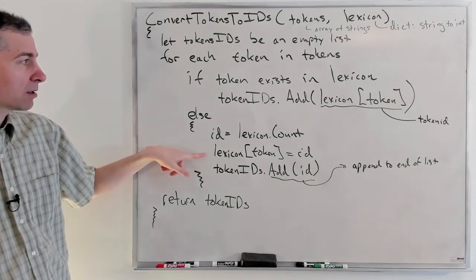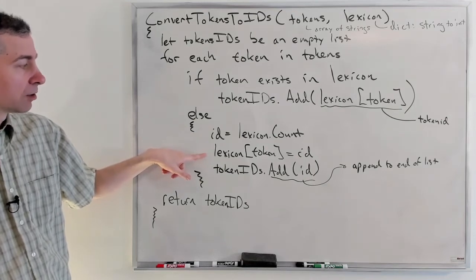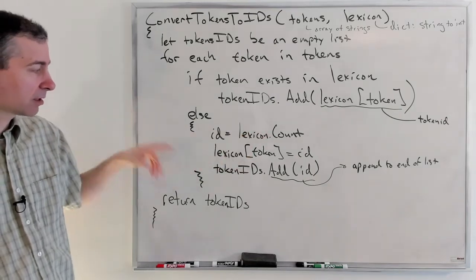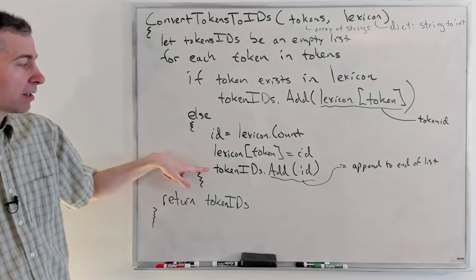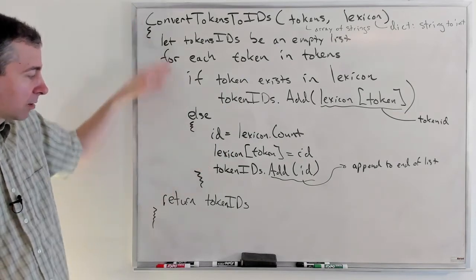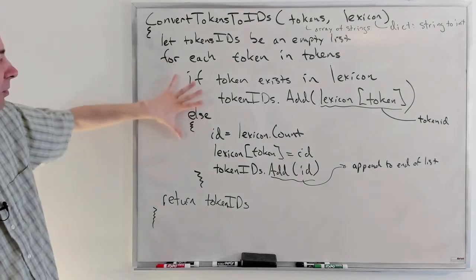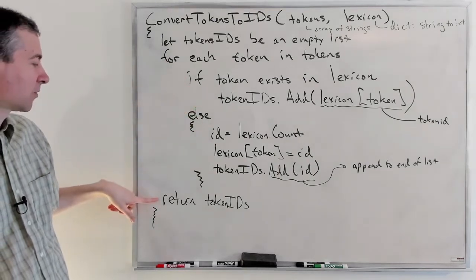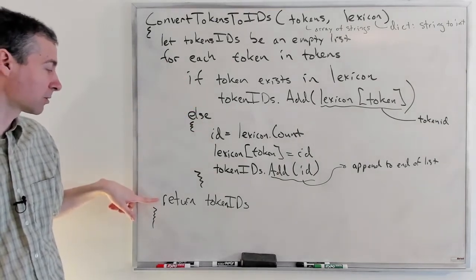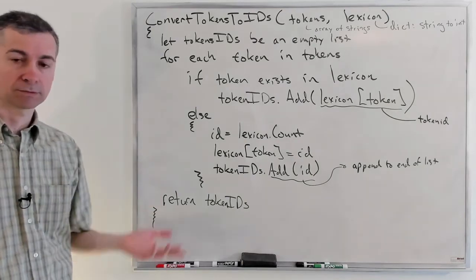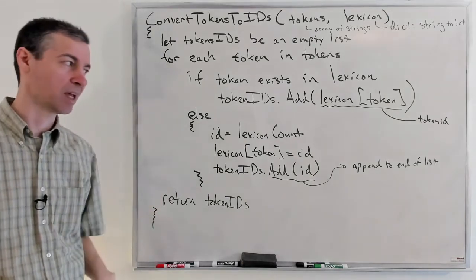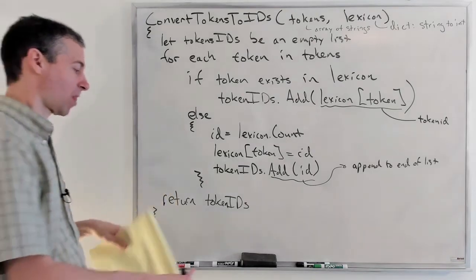We save that into the lexicon, which increases its count for the next ID, and we add that ID to the list. And we keep processing this. This for loop is just controlling this if, and then when we've gone through and processed all the tokens, we return our array. Snazzy.